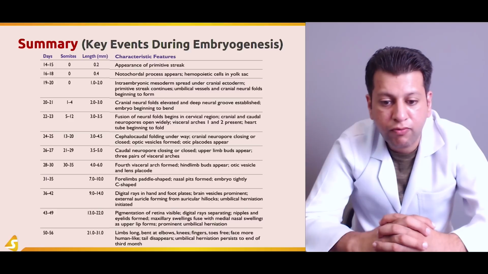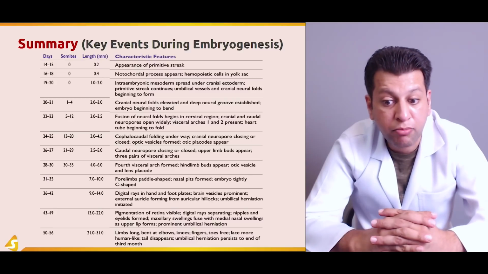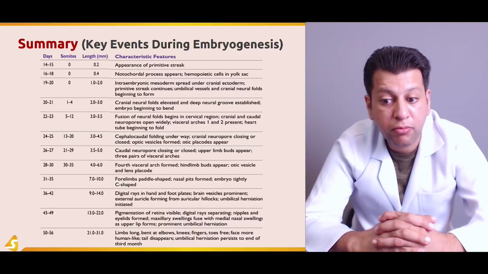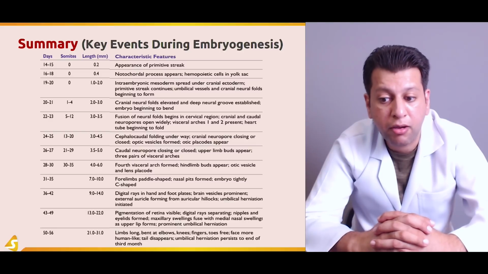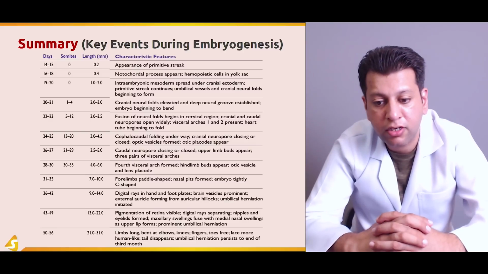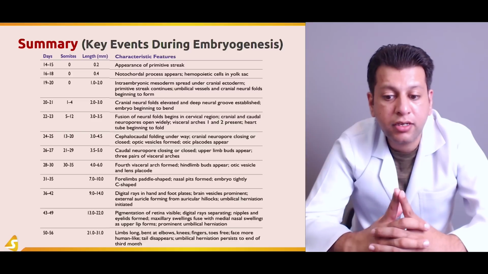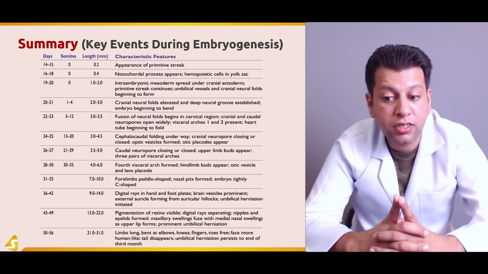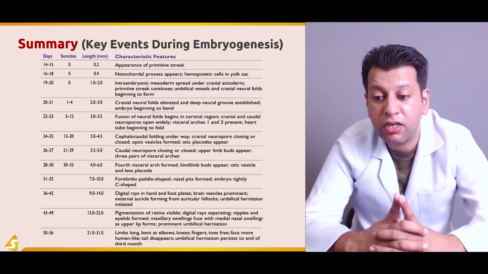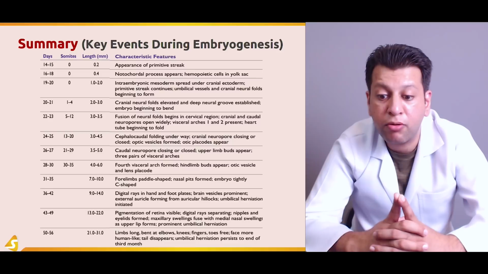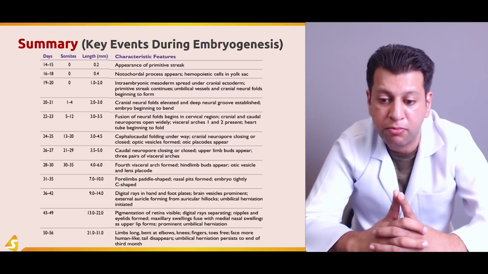At 36 to 42 days, digital rays appear in the hand and foot plates, the brain vesicle develops, the prominent external auricle forms from the auricular hillocks, and umbilical herniation is initiated. Pigmentation of the retina is visible, digital rays are separating, and the eyelid is formed. Maxillary swellings fuse with the medial nasal swelling, and then the upper lip is formed.